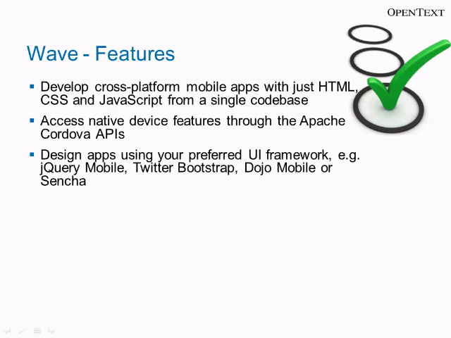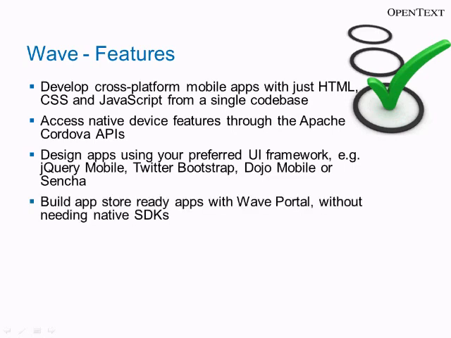There's a number of them, and which one you select is really up to you, as long as they are compatible with Apache Cordova. You can use that user interface to design exactly the interface that you want.